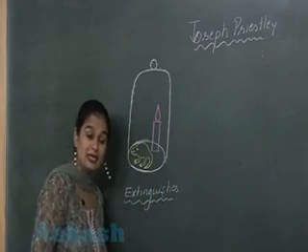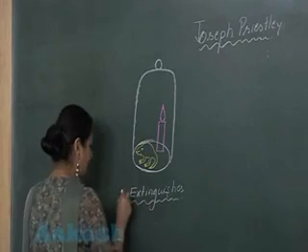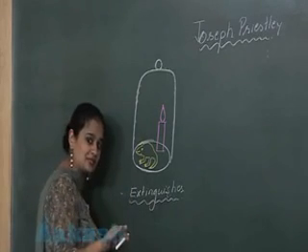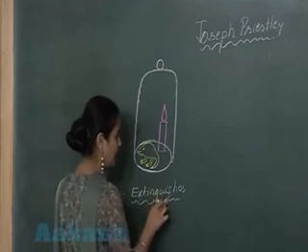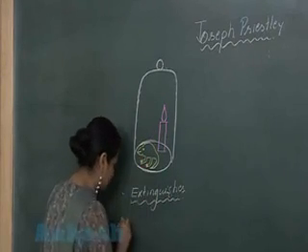Yes. So he placed a mouse as well as a burning candle inside the closed jar, and what he observed, after a certain time duration, again the candle stopped burning and the mouse also died.